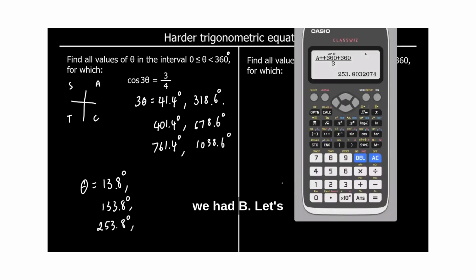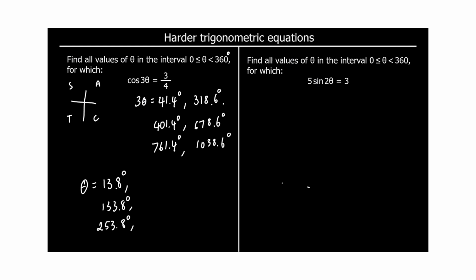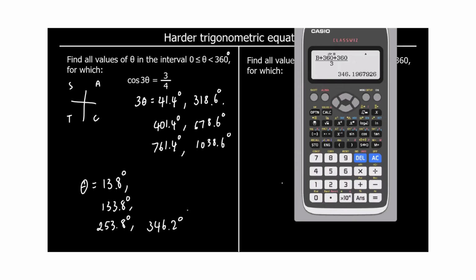Then we had B. Let's do B plus 360 plus 360. So the 1038.6, that's 346.2. Next, we'll do the 678.6 divided by 3, 226.2.